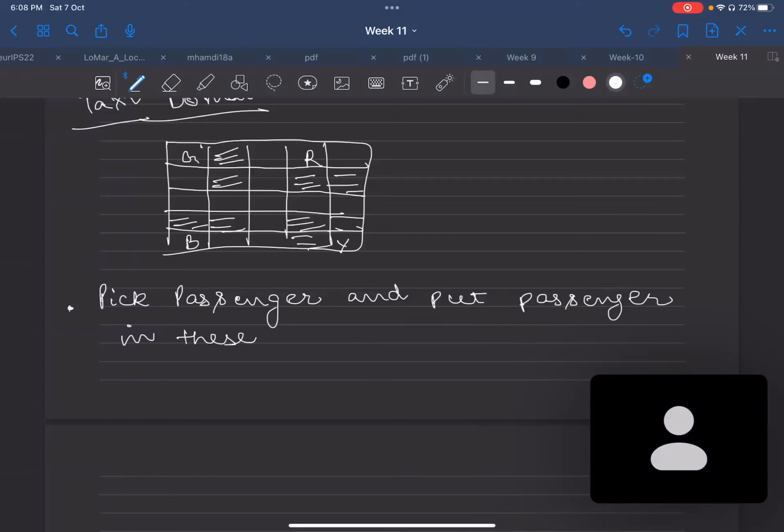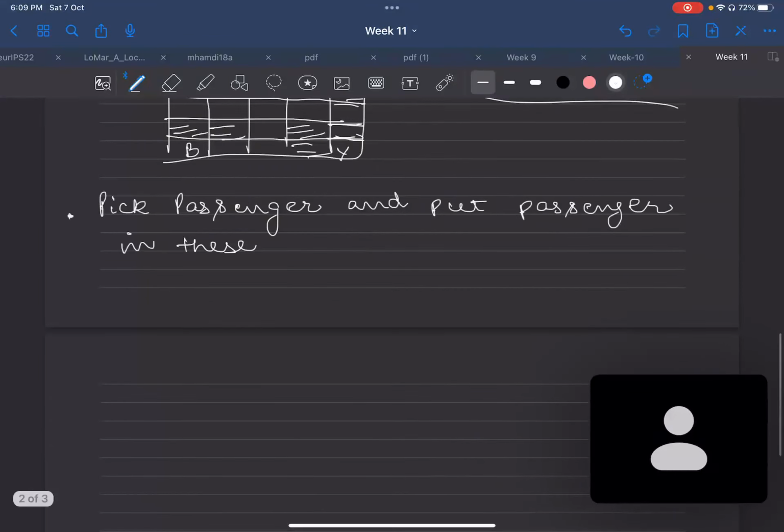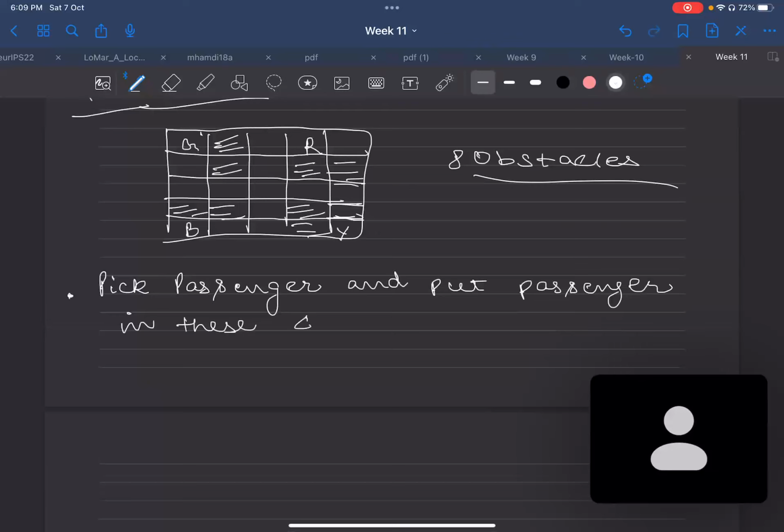Destinations are 4. Obstacles: 1, 2, 3, 4, 5, 6, 7, 8. I thought the one above Y was also shaded, sorry. These are not shaded. So 8 obstacles are there. And how many places are there? Four places. Destinations are 4, yes, you're correct.